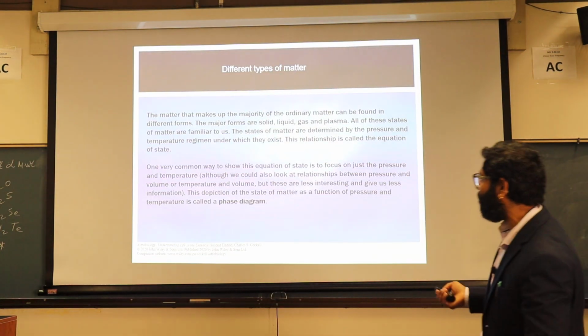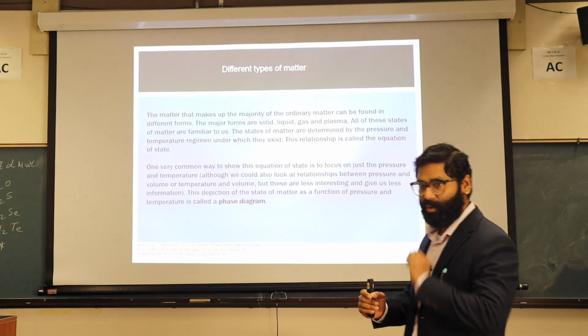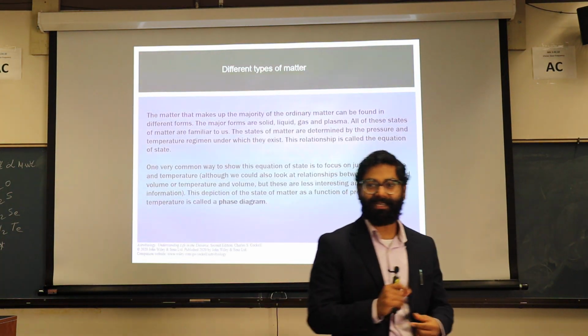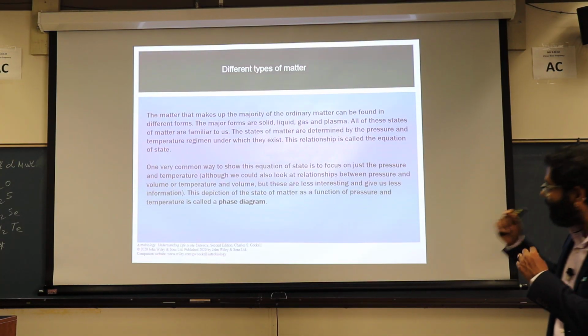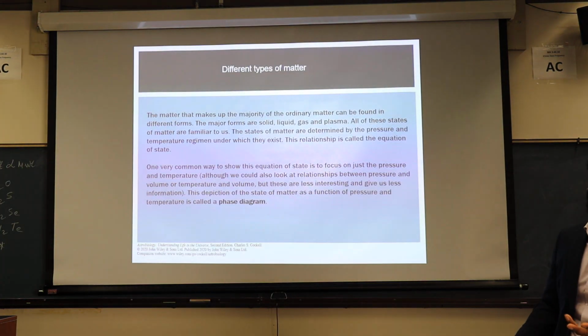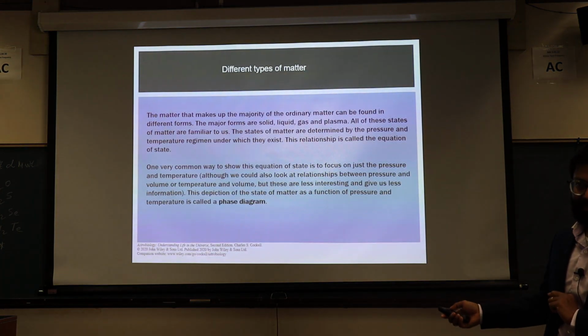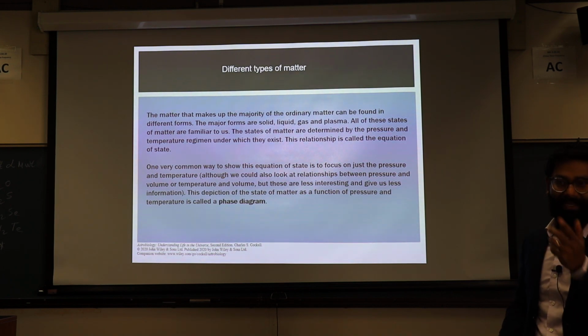Okay, so we will study something called a phase diagram in which we vary the temperature, vary the pressure, and then try to understand what is the effect of these two on the state. Okay, we can have PV phase diagrams. We can also have VT or PT phase diagrams.